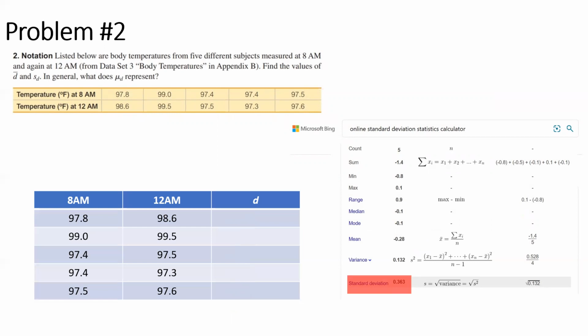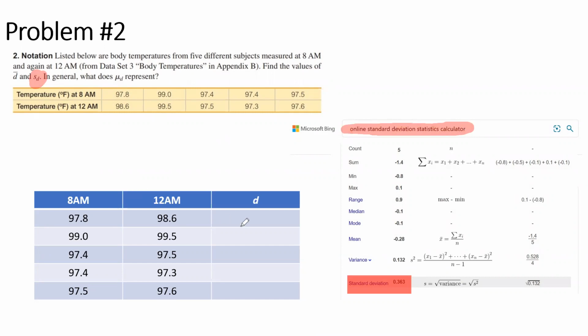This right here, one thing I tell people to do when you're trying to calculate the standard deviation, which is the next thing that's required here, you can do it the hard way, but I encourage us in class to do the online calculator. I just use Microsoft Bing. You type in online standard deviation statistics calculator.